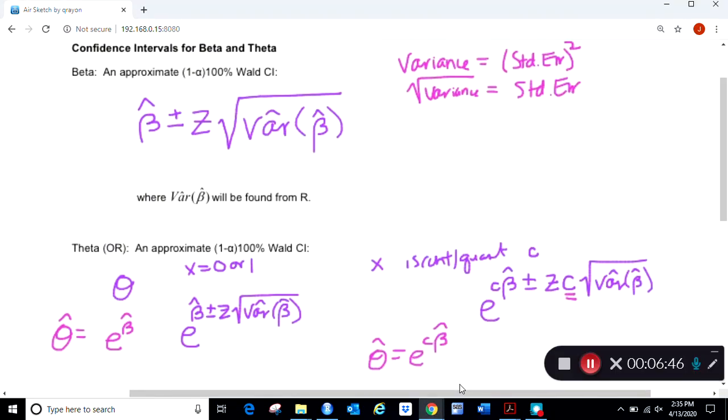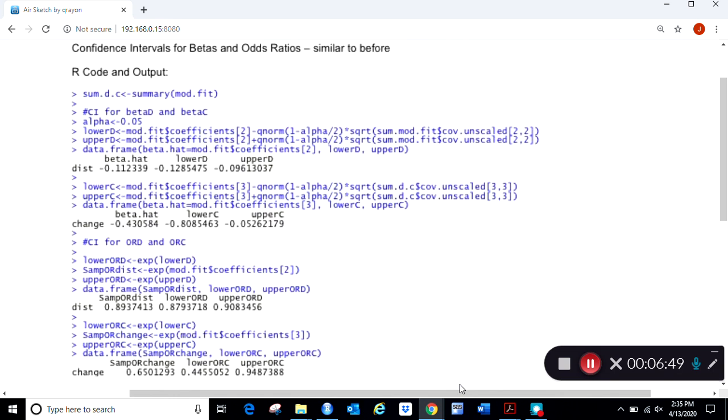But now, what does this really mean for us? So we have these confidence intervals. How the first two, the ones about beta, can be useful for us is if I look at this one, it's all negative, or that is, it does not include 0. So it's really telling me that distance is going to be useful in predicting the probability of a place kick, assuming change is also in the model.